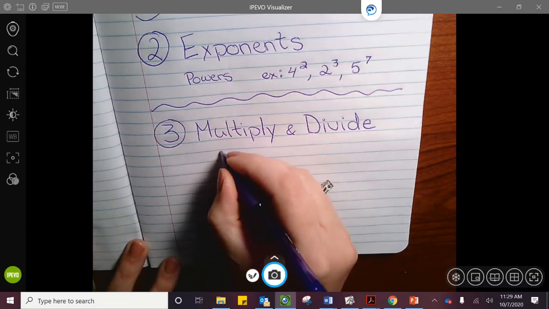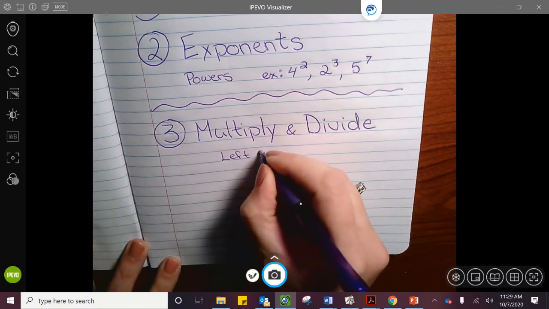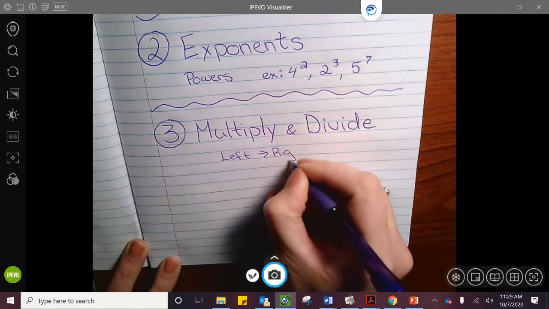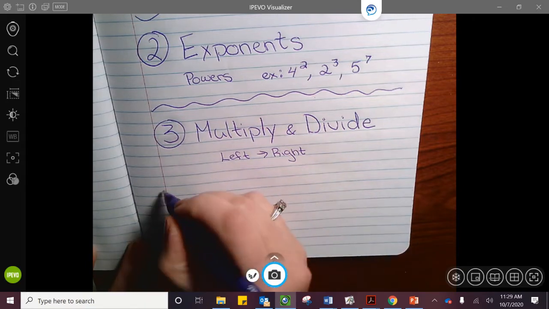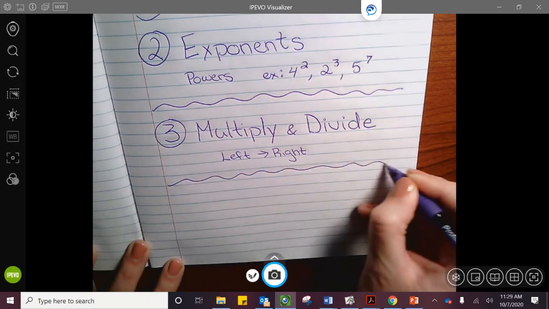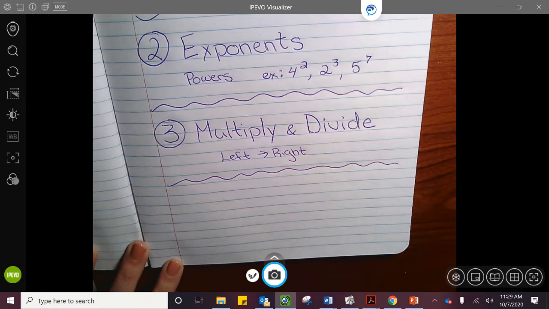So I go left to right in the problem, in the order they appear. So sometimes I'm going to divide before I multiply. If division comes first in the problem, you need to divide first. They are the same step. Whichever one comes first in the problem, you do first. It's probably the biggest mistake I see sometimes: people get caught up on PEMDAS or GEMDAS and they think you always have to multiply first, and you do not.